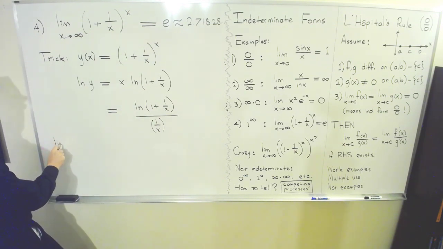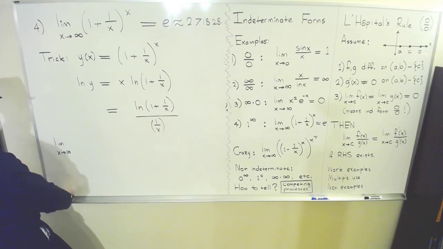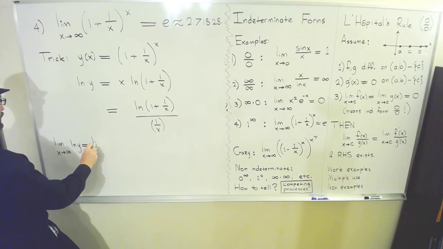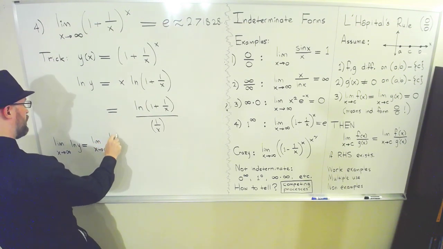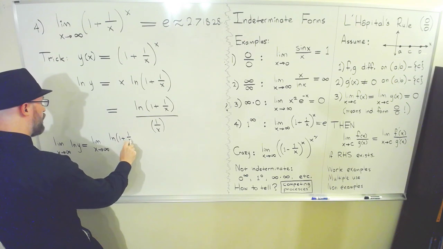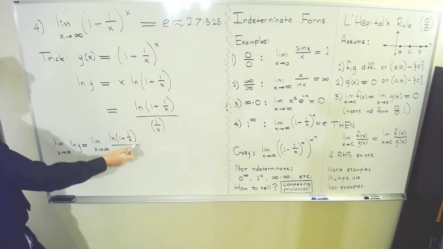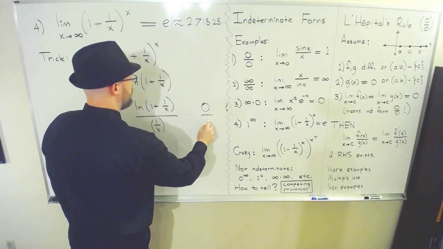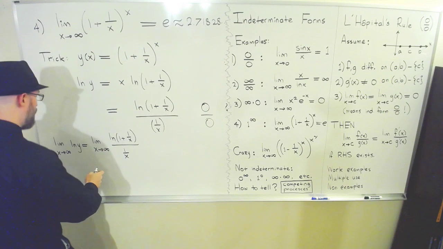So the limit as x goes to infinity of ln y equals the limit as x goes to infinity of what I just wrote there, ln of (1 plus 1 over x) over (1 over x). And this is exactly the indeterminate form that I wrote up here. This is 0 over 0. So I can apply L'Hopital's rule. Okay, well, let's do that.